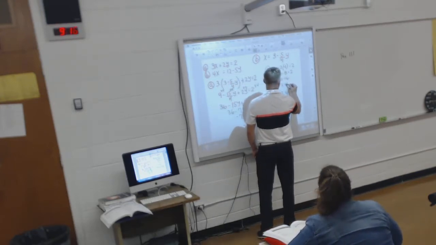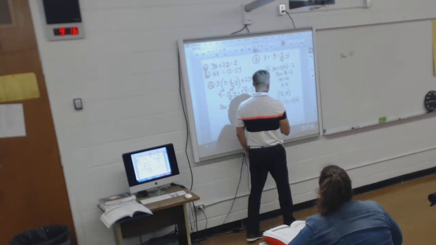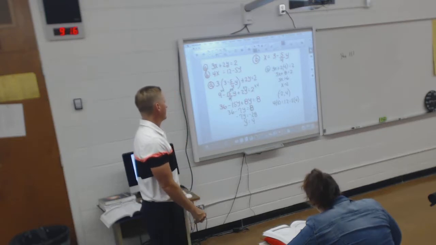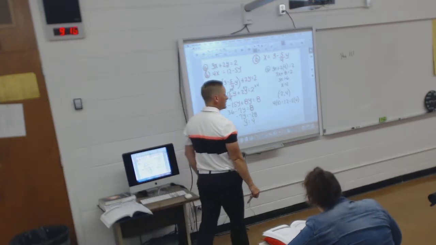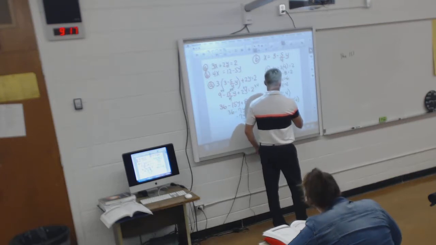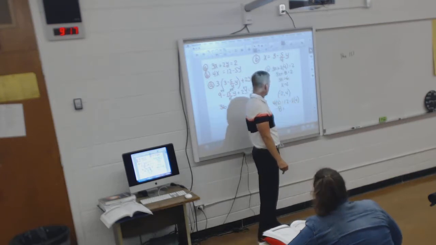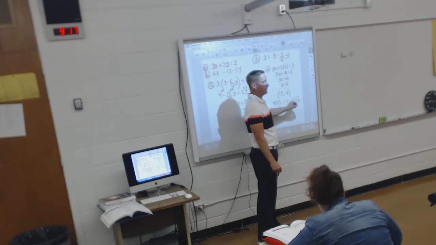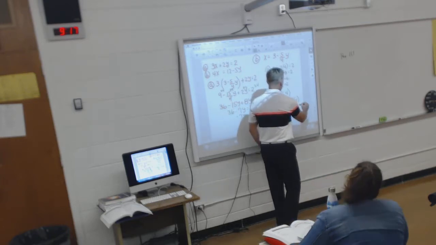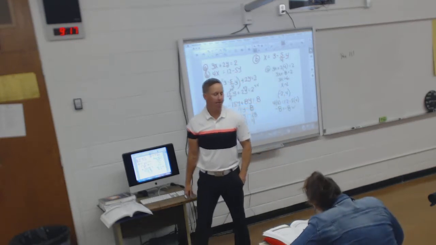Yeah. -6, which makes that a -2, which makes that a 2. Good. What's 4 times -2? -8. 5 times 4? 20. 12 subtract 20? You got it right.